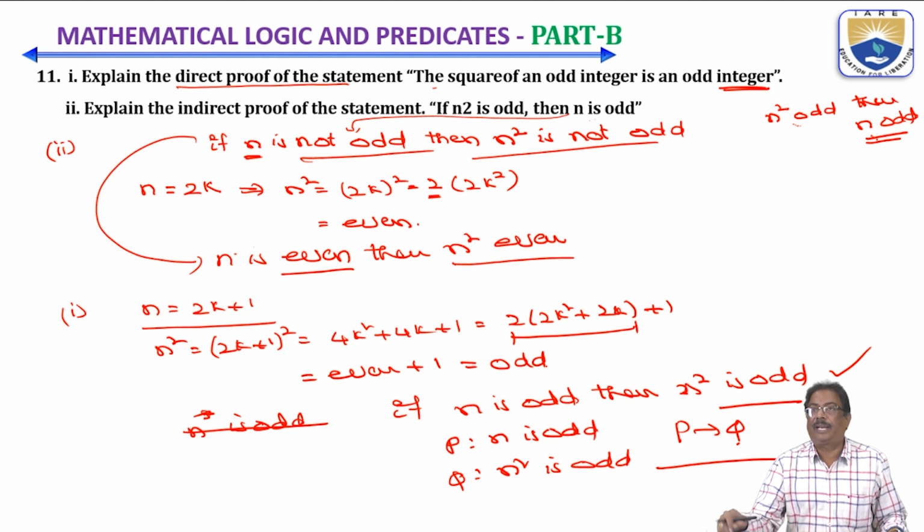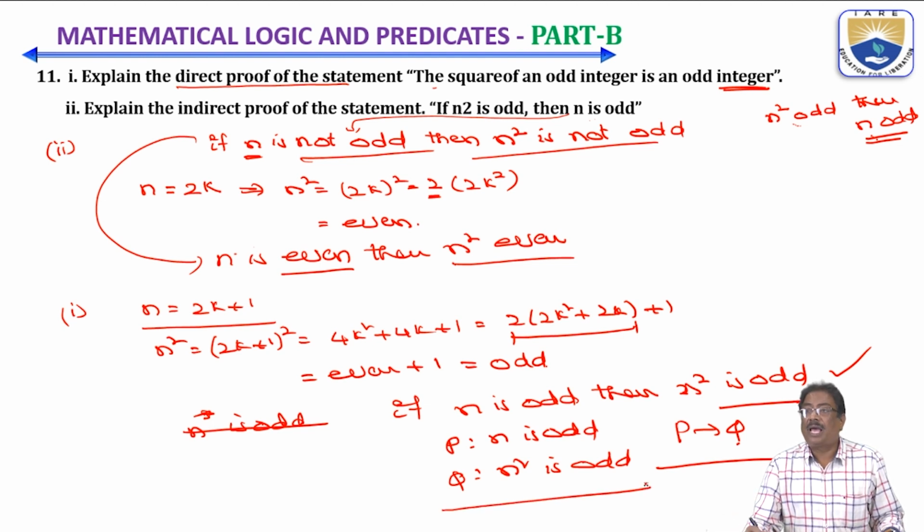It is nothing but the indirect proof. We have already discussed that the given conditional and its contrapositive are equivalent. So if I take p as n is odd, then I get p to q.